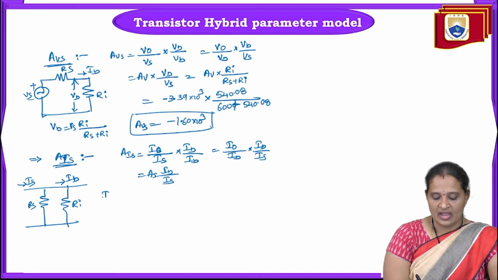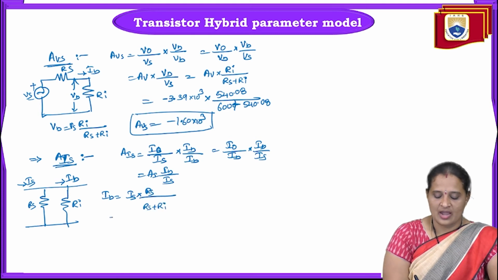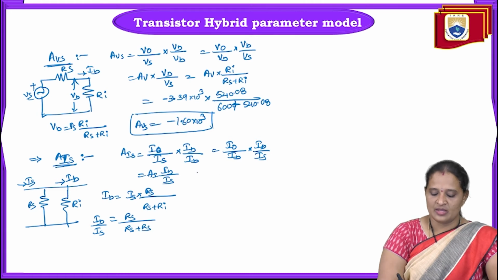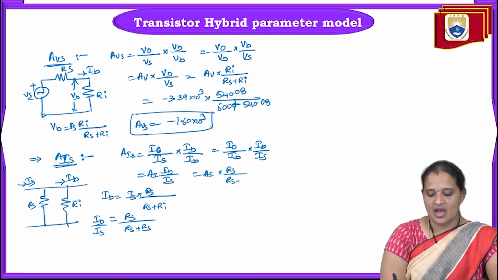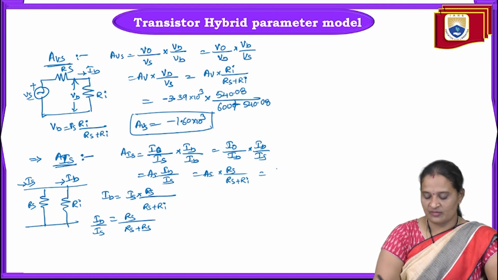So now I want to calculate IB. So IB is equal to input current into opposite resistance, that is Rs divided by Rs plus Ri. So here that means IB by Is is equal to Rs divided by Rs plus Ri. So that is AI into Rs divided by Rs plus Ri. So just substitute all these values here, and what is the value of current gain we have got?